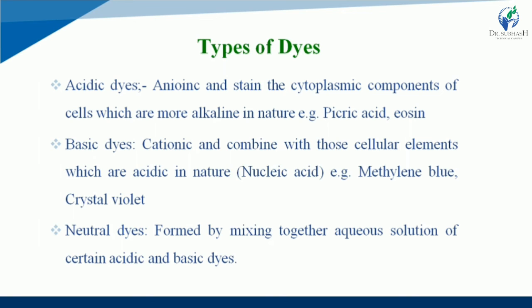So what are examples of basic dyes? Methylene blue as well as crystal violet. So what is the difference between acidic dyes and basic dyes? Acidic dyes are negatively charged and stain the cytoplasmic components of cells, which are more alkaline in nature. Acidic dyes have a negative charge and combine with the cytoplasmic components of the cell, which are more alkaline in nature.